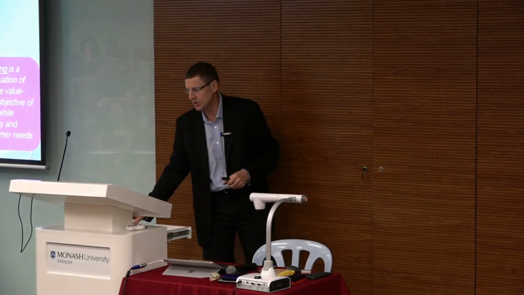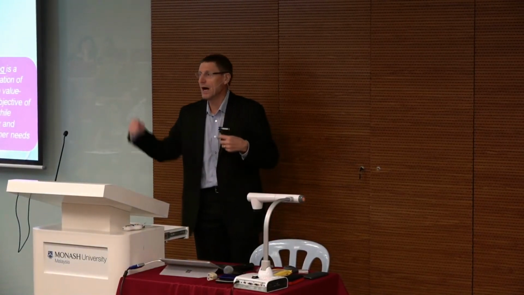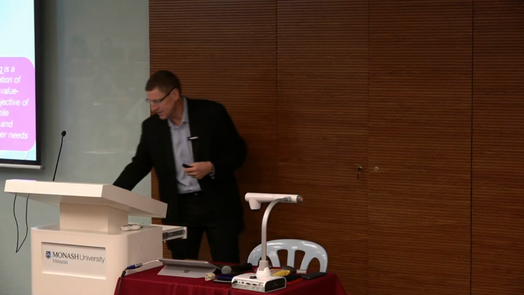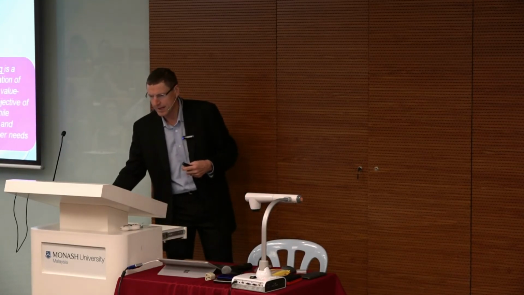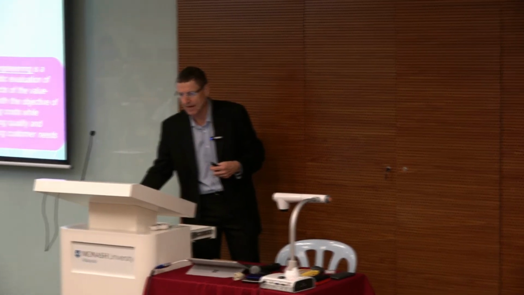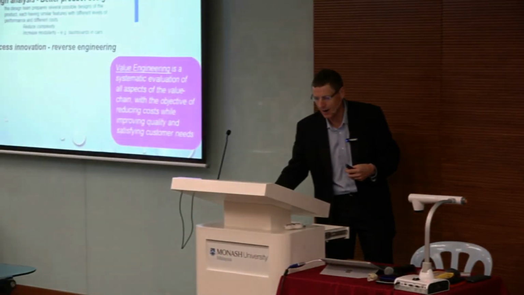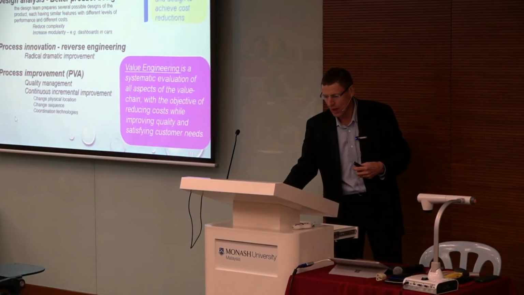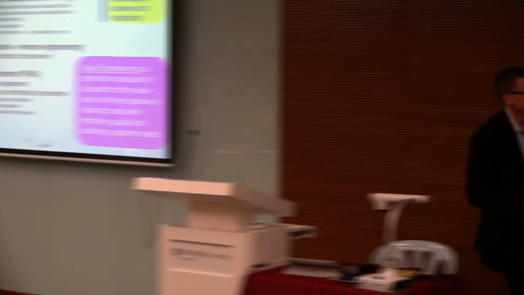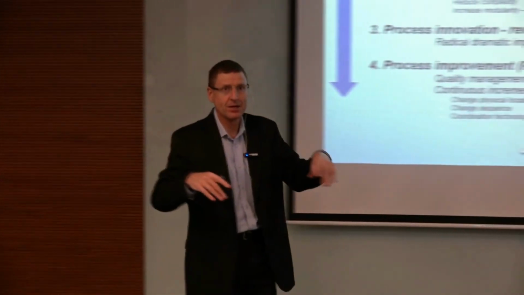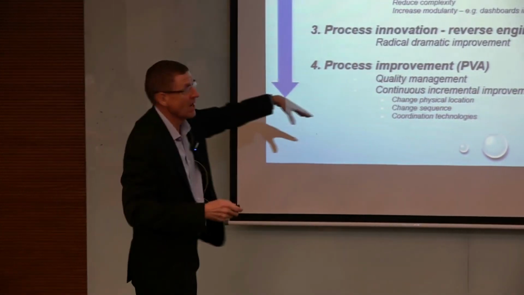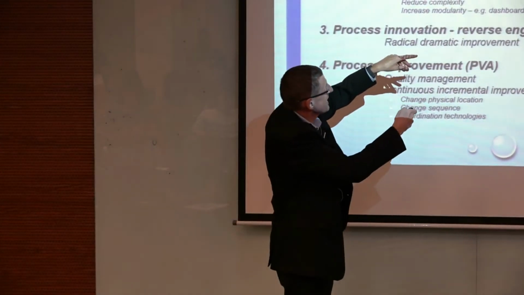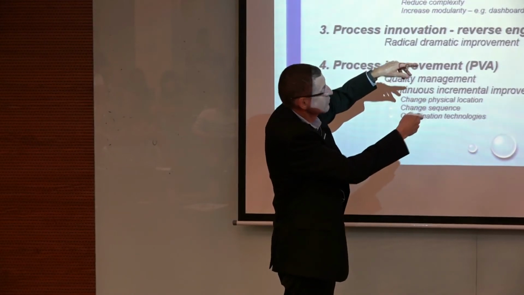Okay, so we're nearly up to our end of 10 minutes. I just want to show you, remember I warned you, chapter 13 talks in a little more detail about four areas of engineering. Rather than spend all my time going through this, I just want to direct you to page 553.